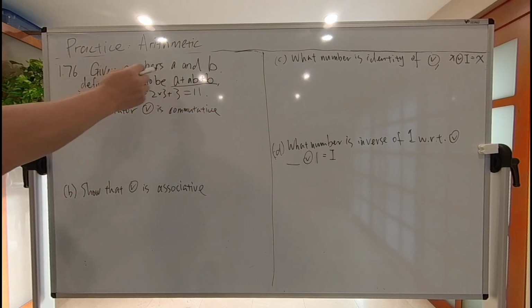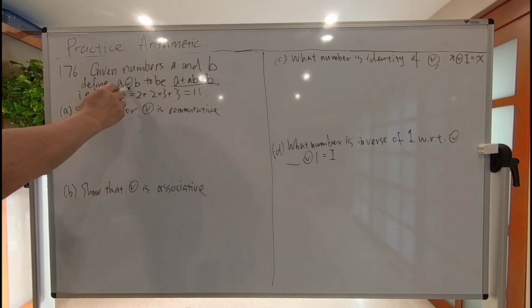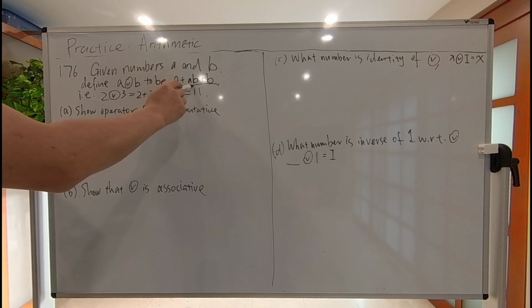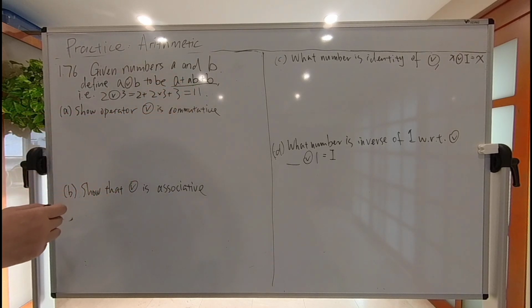So for example, if we are given any numbers a and b, we define the new operator a operating b to be a plus ab plus b. Let's try to prove the following couple of conditions to see whether this new operator is still commutative or also associative.